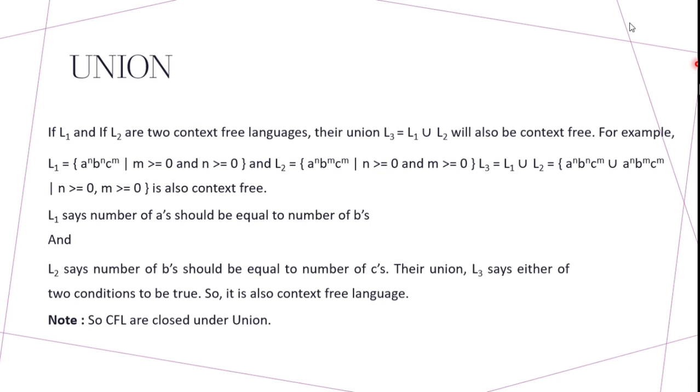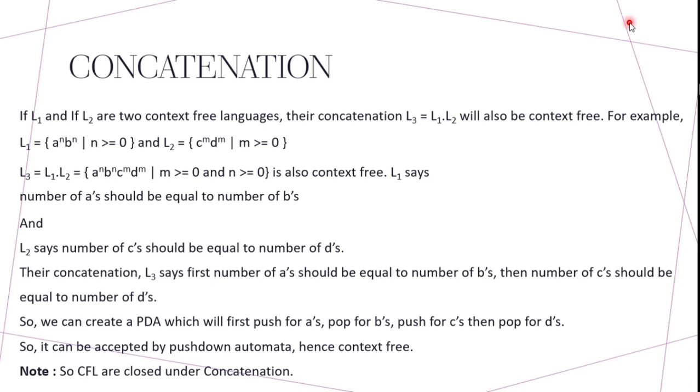Now the second property we have is concatenation. If L1 and L2 are two context-free languages, their concatenation L3 equal to L1 dot L2 will also be a context-free language. For example, L1 equal to a raised to power n, b raised to power n, where n is greater than or equal to 0, and L2 equal to c raised to power m, d raised to power m, where m is greater than or equal to 0.